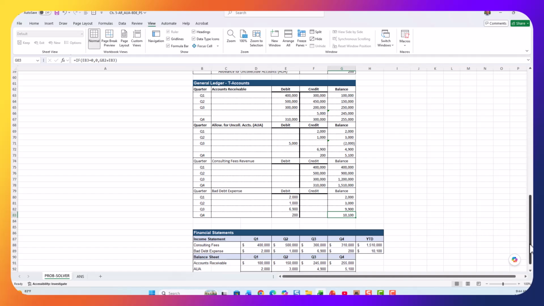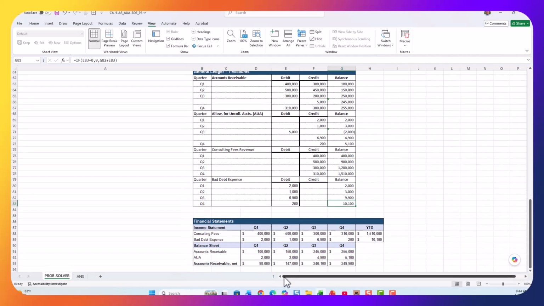When we look at the financial statements, the income statement will show that quarter four had $310,000 of revenue. Year-to-date, $1,510,000. $200 in bad debt expense. Year-to-date, $10,100.